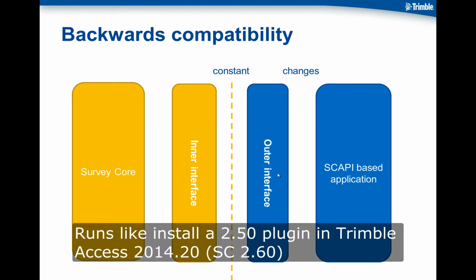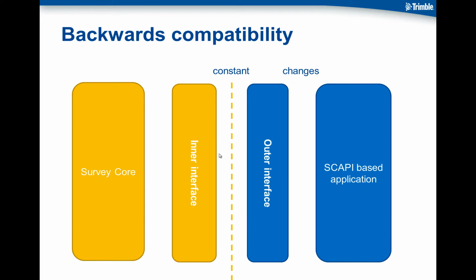This is because the outer interface is broken, so the interface between your application and our outer interface. In this interface, it's possible that you will see changes, for example, because we had to add new hardware, or we just extend our features. So these kinds of interface breaks are okay.